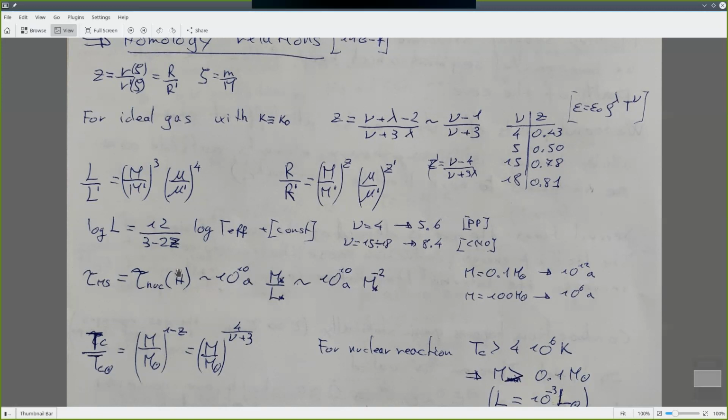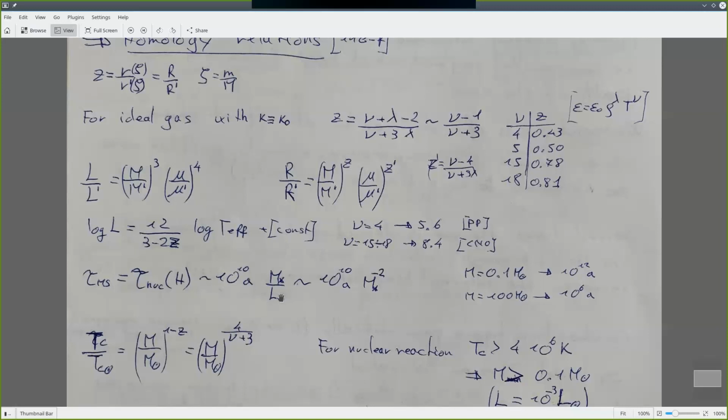The time in the main sequence is more or less exactly the time of nuclear reaction for the hydrogen that we saw, that is more or less 10 to the 10 years, multiplied by the mass in units of solar masses, divided by the luminosity in solar luminosity.